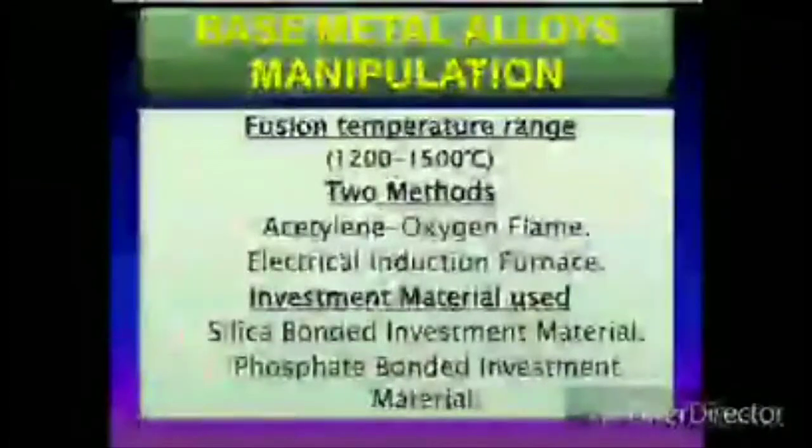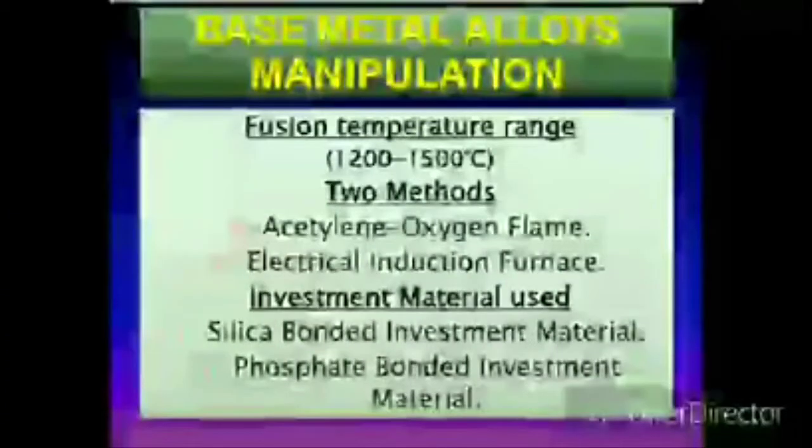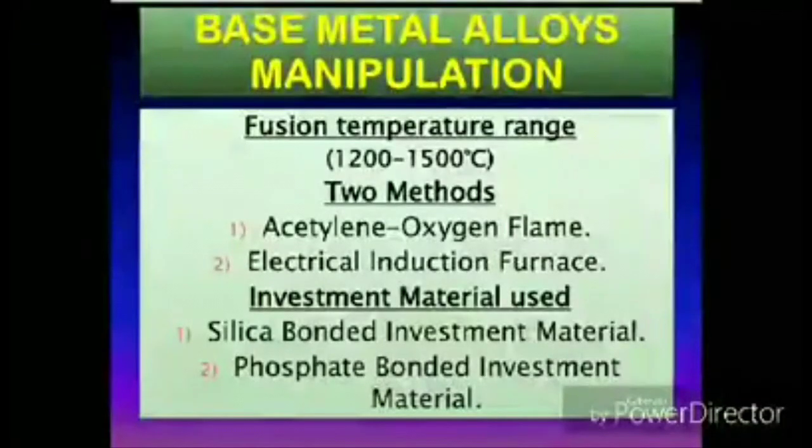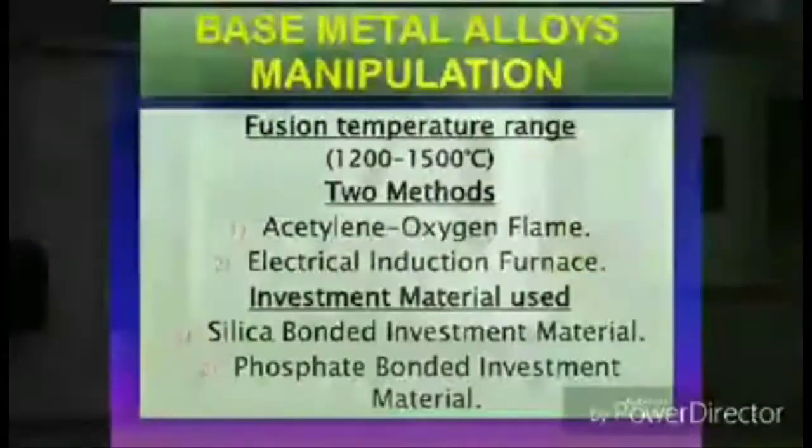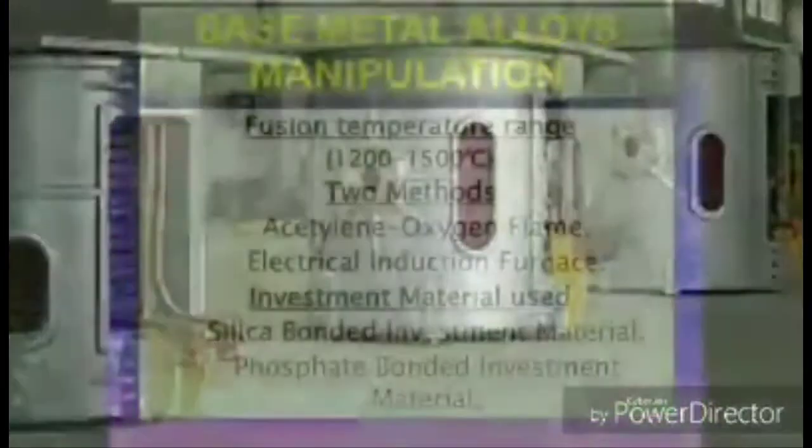Now let's talk about the manipulation of base metal casting alloys. The fusion temperatures of nickel chromium and cobalt chromium alloys vary with the composition, but generally the range of the fusion temperature is 1200 to 1500 degrees centigrade. The two methods used for heating the base metal casting alloys are: number 1, acetylene oxygen flame, and number 2, electrical induction furnace.